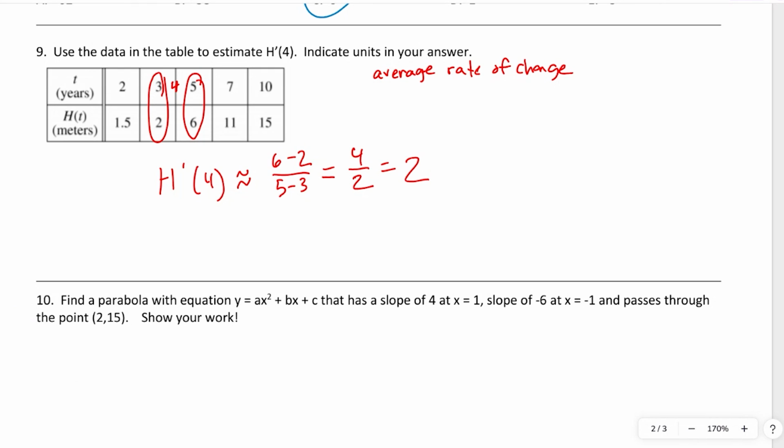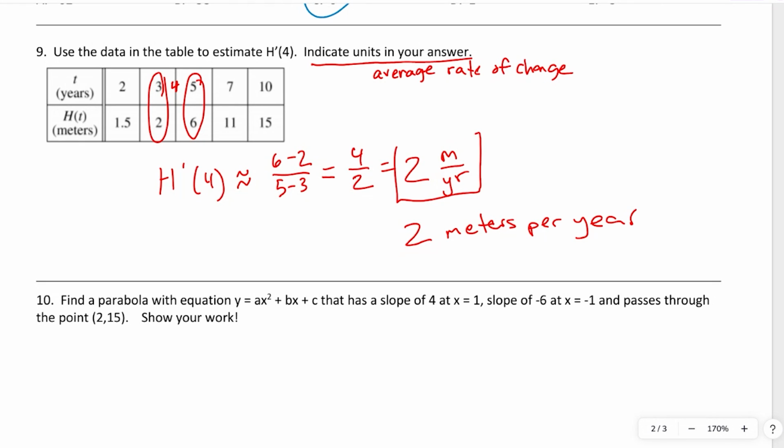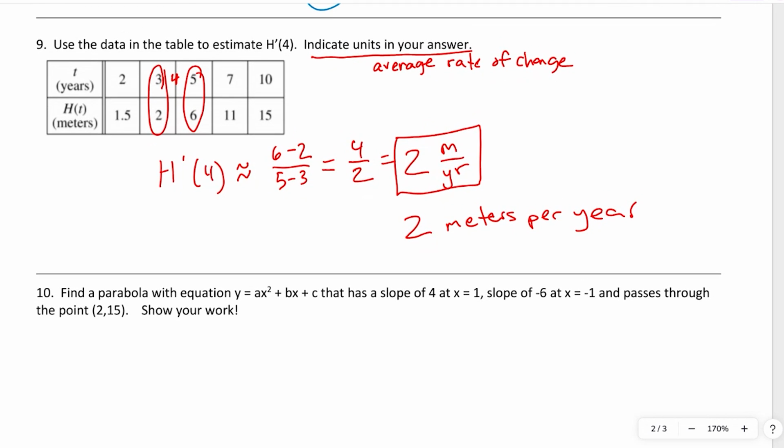So if we want to say the units, because it does say indicate units in our answer, this is going to be meters per year. Or you could just write 2 meters per year. Either way is fine. I usually will just abbreviate here, but you can write it out if that helps you make sense of the problem or your answer.